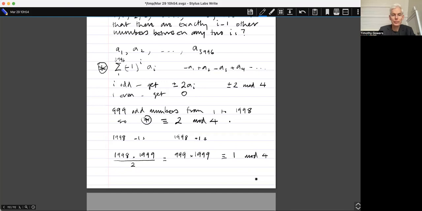And if I'm now allowed to change some of those numbers, it seems as though, so if I change some of the signs, wait a moment, sorry, yes, but I'm taking this sum twice, so I get 2 mod 4.